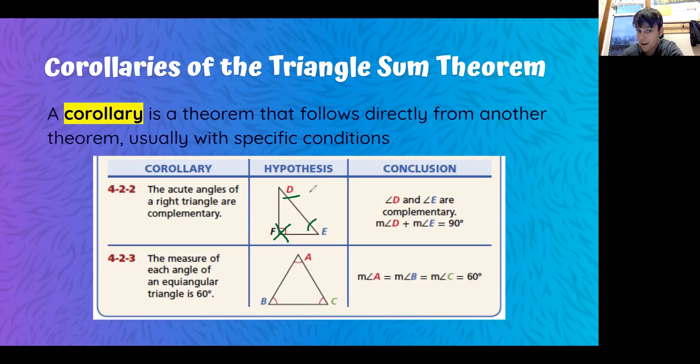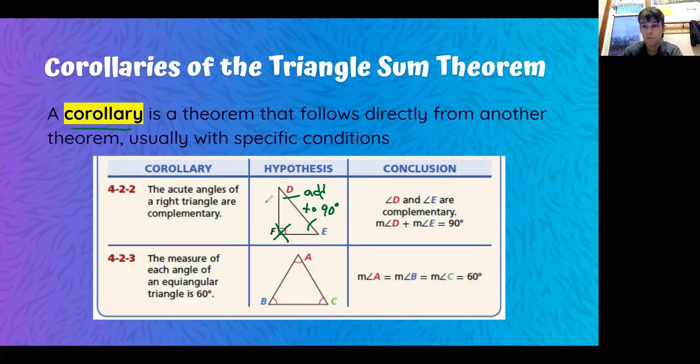So it doesn't matter what they are. They could be 60 and 30, 80 and 10, 20 and 70, some other combination that adds up to 90, but they do have to add to 90 degrees. So again, it's a specific case when we're dealing with a right triangle, how the triangle sum theorem is going to work, which makes it a corollary.